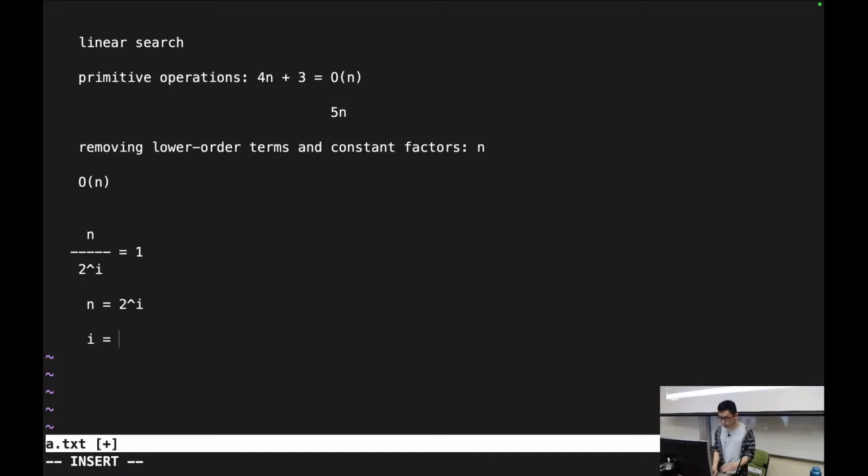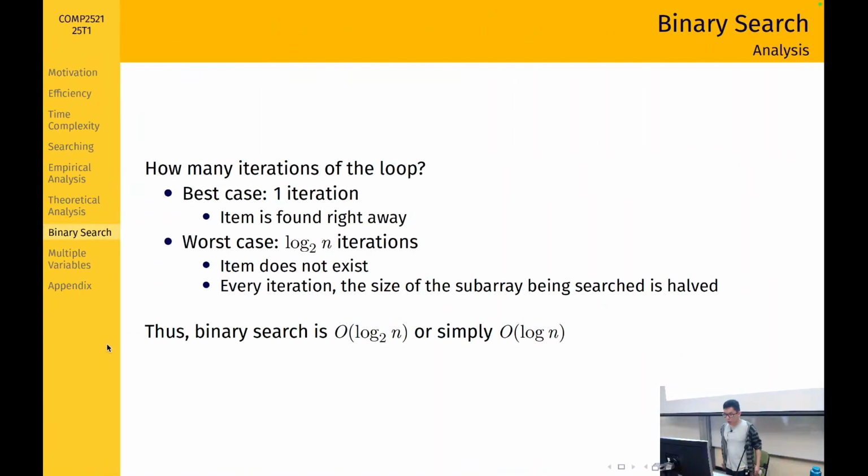So that means i is equal to log base 2 of n. That's where we get log base 2 of n from: the number of times we have to divide the array by 2 until we have nothing left. So, log base 2 of n iterations.